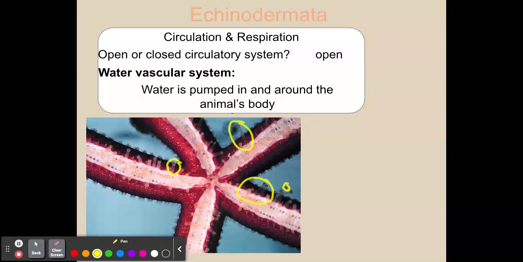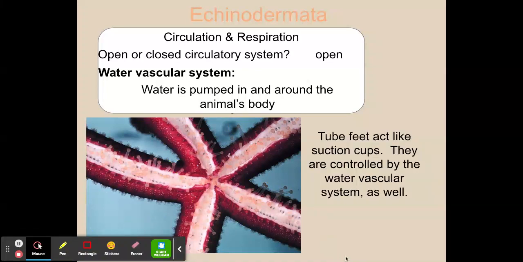And this is powered by the water vascular system. We'll get further into detail about how the water vascular system works in just a minute. I do want to make sure that you have highlighted water vascular system because this also powers their tube feet, but it also enables them to oxygenate their bodies as well.